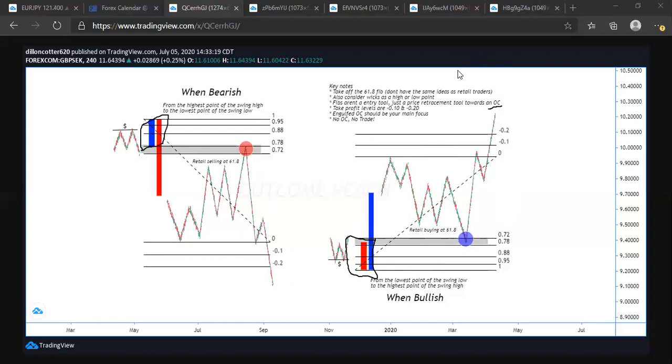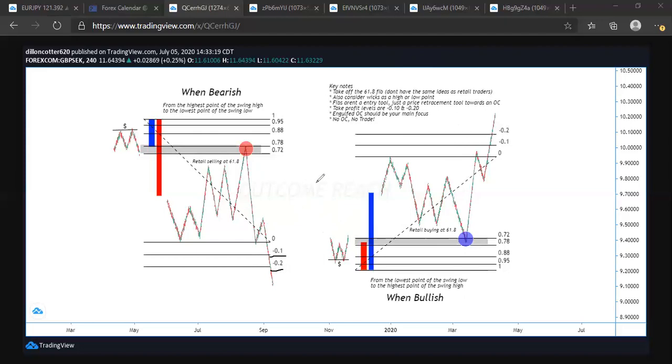So another keynote you can take is take profit levels. I use the -10 fib level and the -20 fib level, and those are just good parameters for take profit zones.